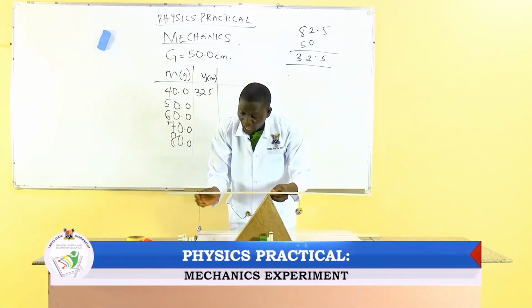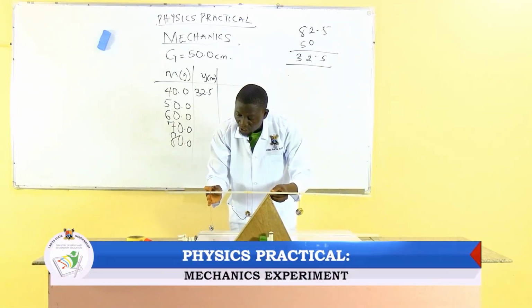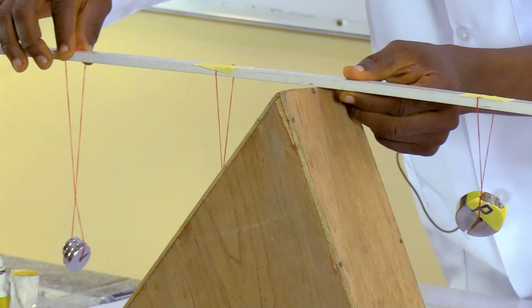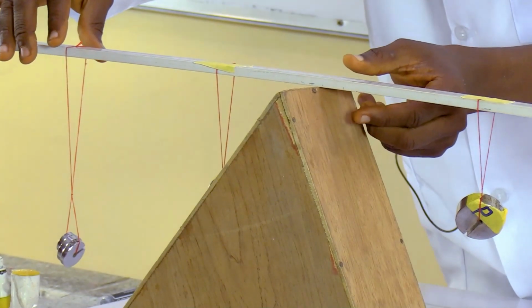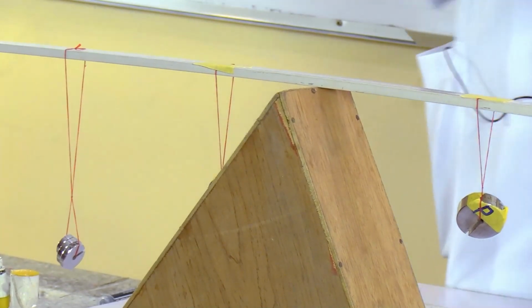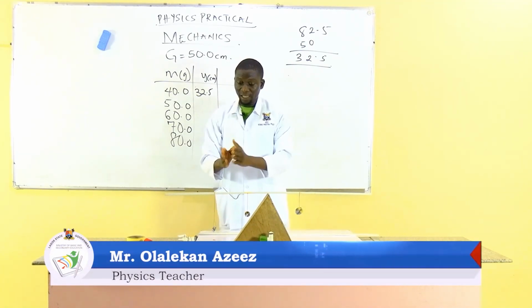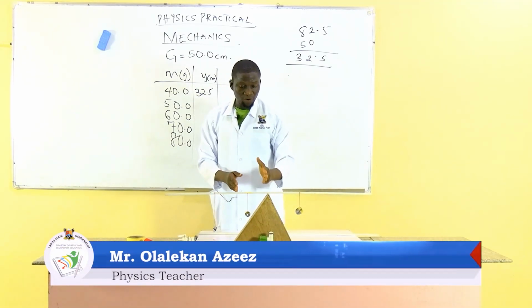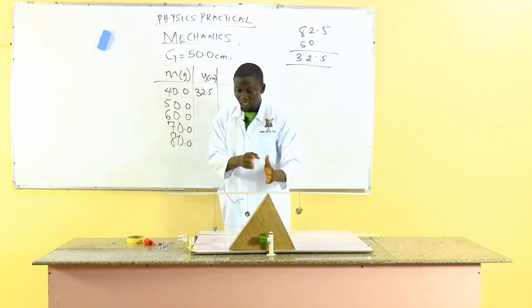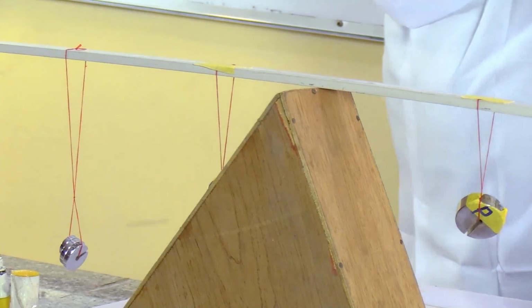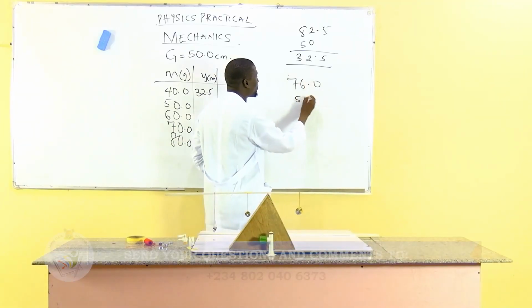Now maintain the center, we adjust, look at it, we observe it, we go again, ensure that there's no drought. Perfect. So we have exactly 76 here. From the center we have 50 and this place we have 76.0.